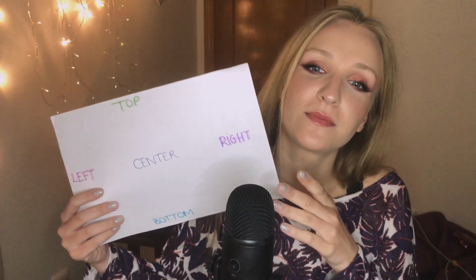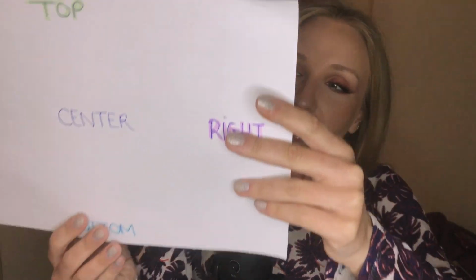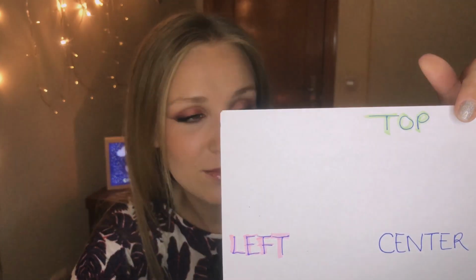So let's start analyzing the orientation of your drawing. If your drawing is more on the top of the paper, it is related to your thoughts, idealism, and euphoria.